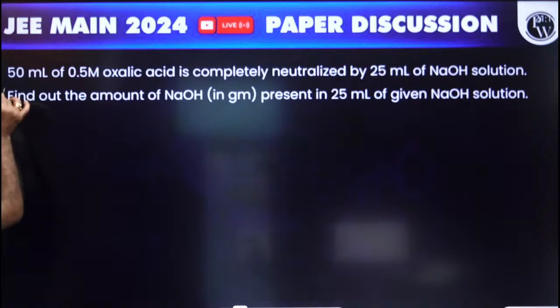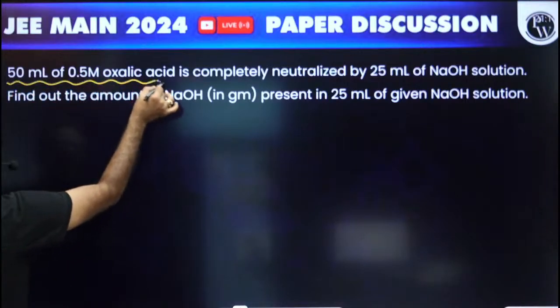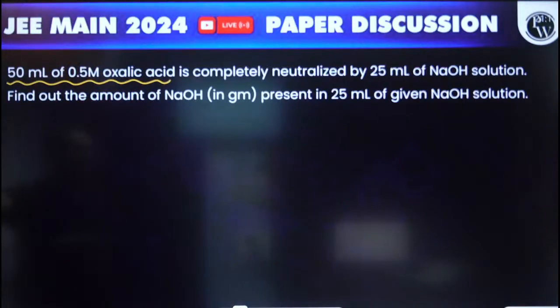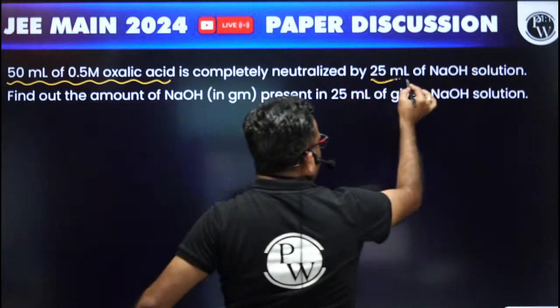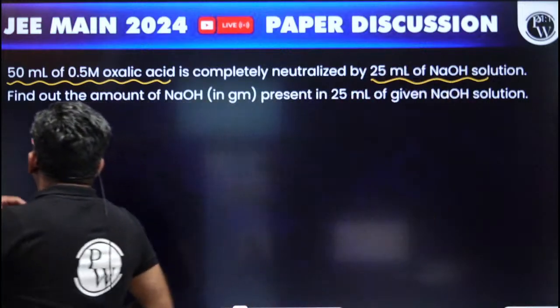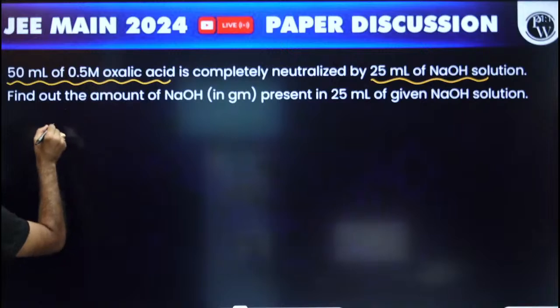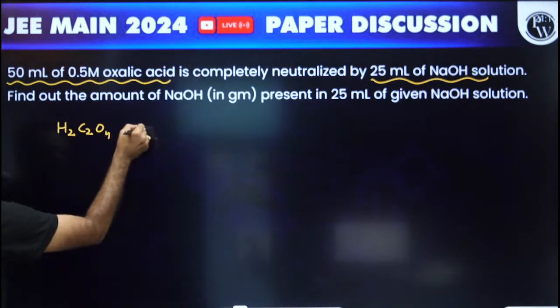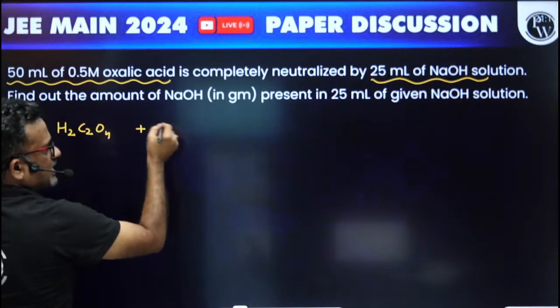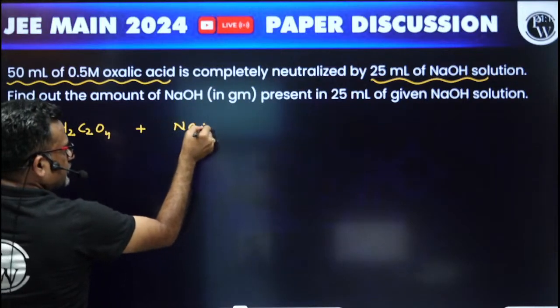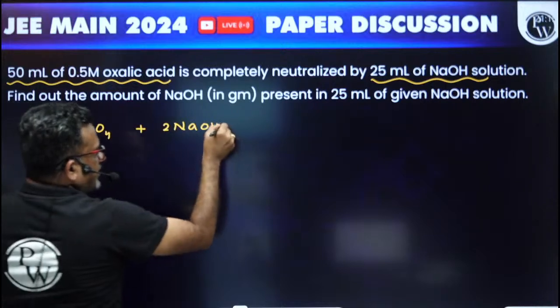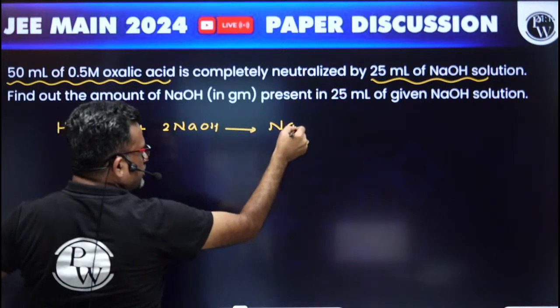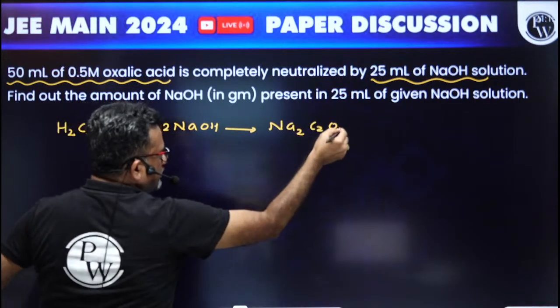50 ml of 0.5 M oxalic acid is completely neutralized by 25 ml of NaOH. 50 ml of oxalic acid, H2C2O4, is completely neutralized by NaOH, and that will give you salt, sodium oxalate, plus water.